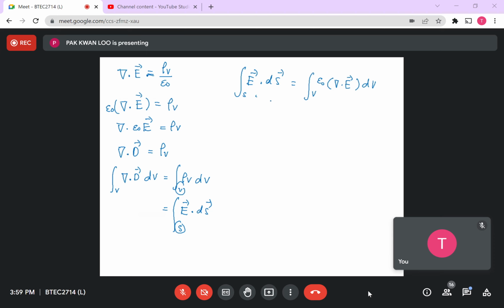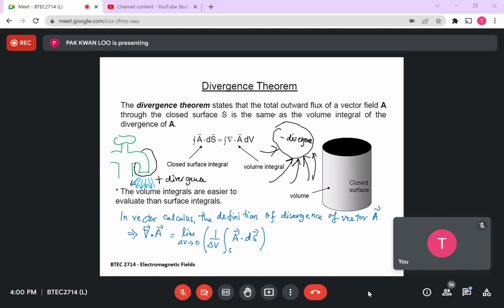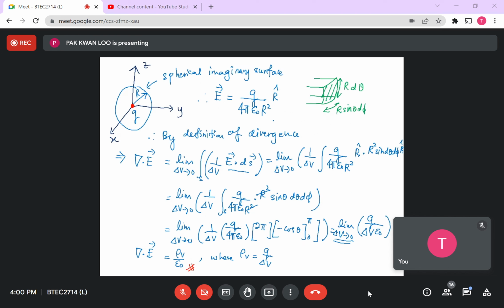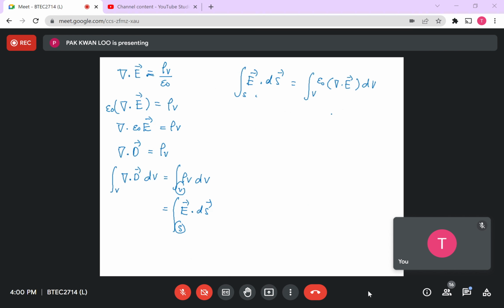And here we establish the divergence theorem, which, if you compare back, is the same, right? Of course, if A is replaced with E, then we have actually the same thing. Yeah. Okay.